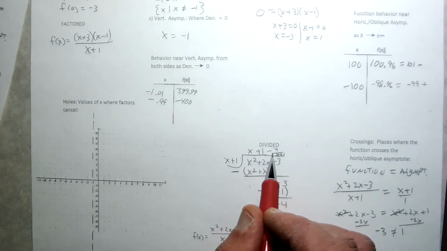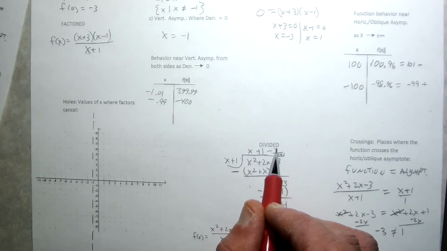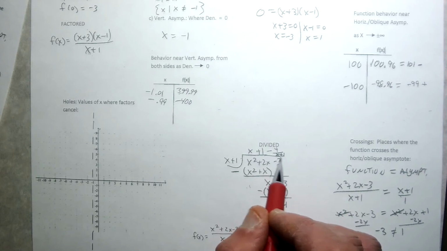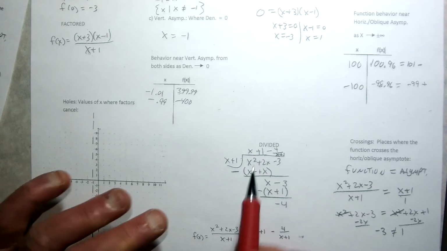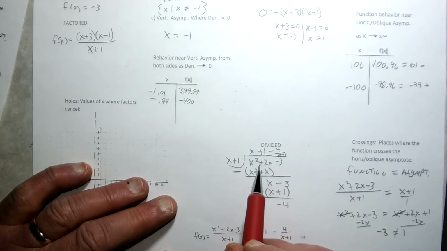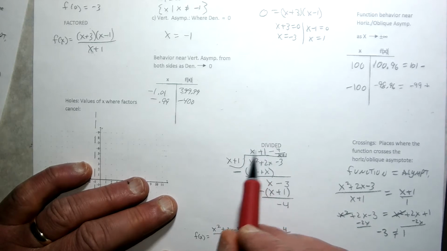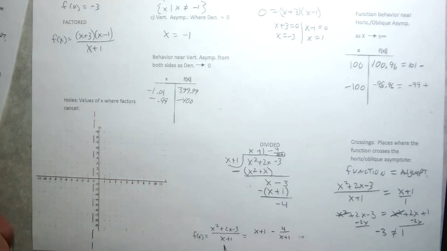But over here, this remainder wouldn't matter very much at a value like 100 because it'd be minus 4 over 101, which is a very small value. It's not going to change the answer of 101 by very much. So this function really is behaving like x plus 1 when the values get big enough. This x plus 1 is going to be our oblique asymptote.